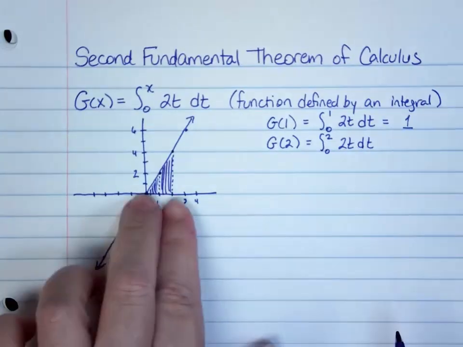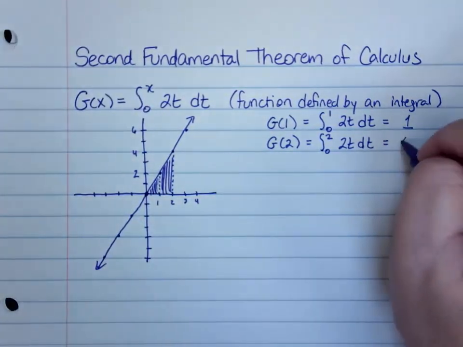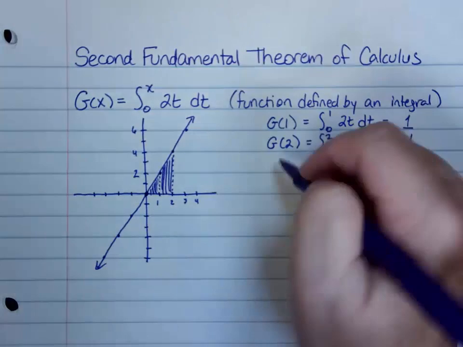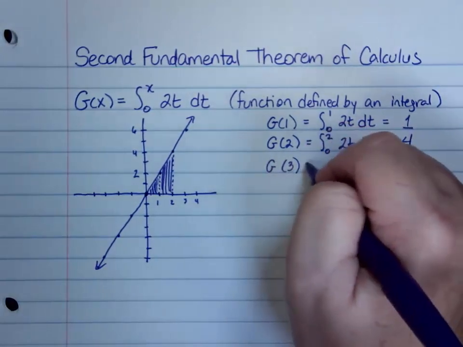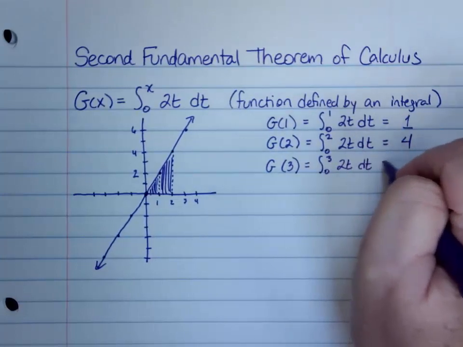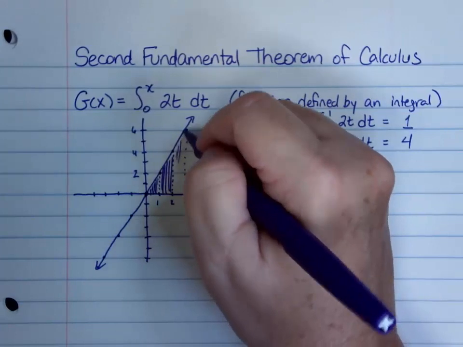Well, the base is 2, the height is 4, so it is 4. That area is 4. Do you see what I'm doing? Okay, let's do G of 3. That's the area from 0 to 3 under the line. So we're going to extend this up to 3, make my triangle even bigger.